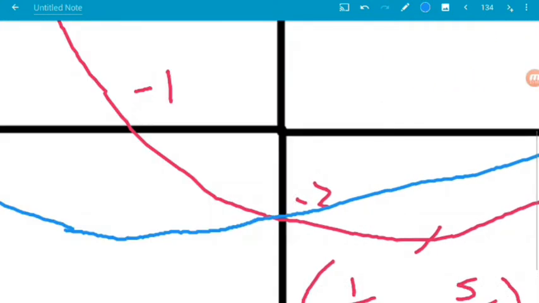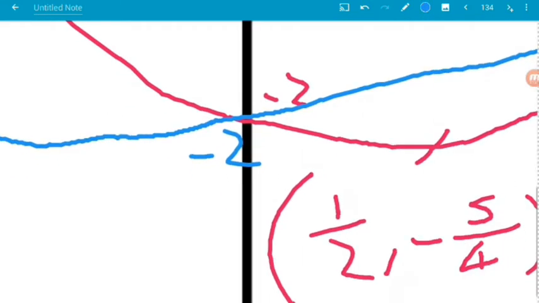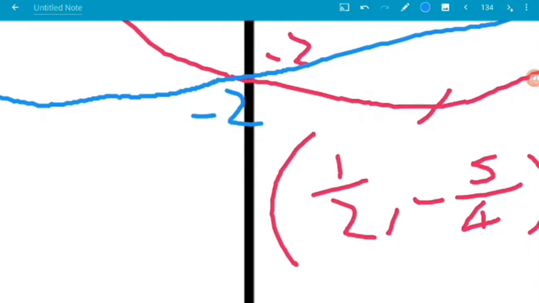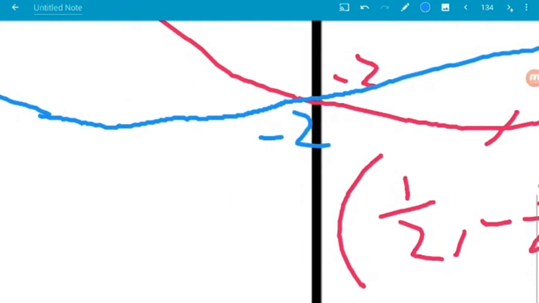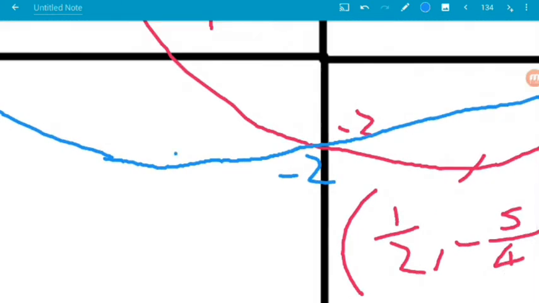The y-intercept is going to be exactly the same at -2, and then the x-coordinate of the minimum is going to reflect to 1/2 times -2, which gives us -1.